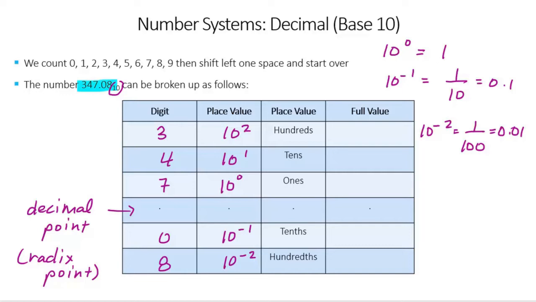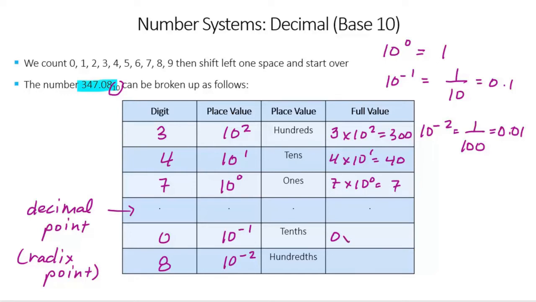347.08? We recognize that since the 3 is in the hundreds place value, we have 3 groups of 100, just 3 hundreds, 300. We have 4 groups of 10 for a total of 40. We have 7 groups of 1 for a total of 7. Then comes the decimal point.